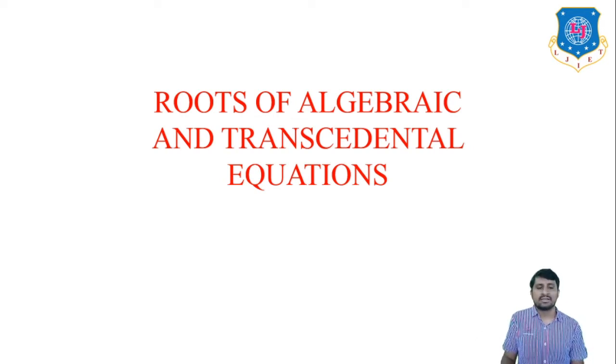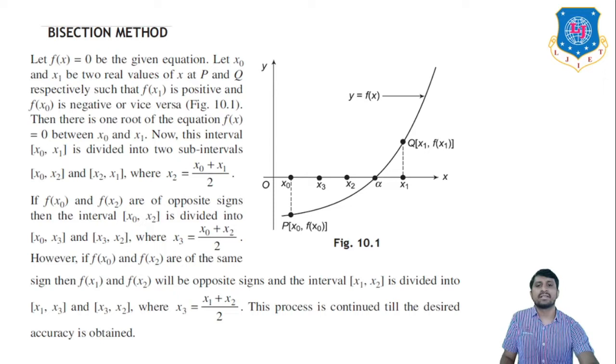So let's see how the bisection method works. The theory is not important from the exam point of view, just try to understand what it says. This is a figure, and alpha is the exact root.